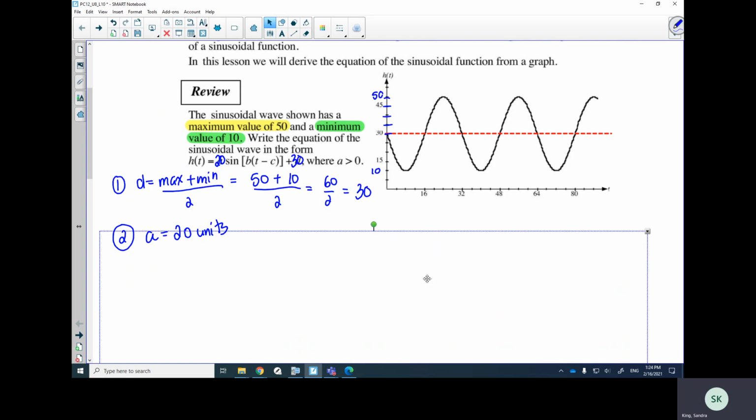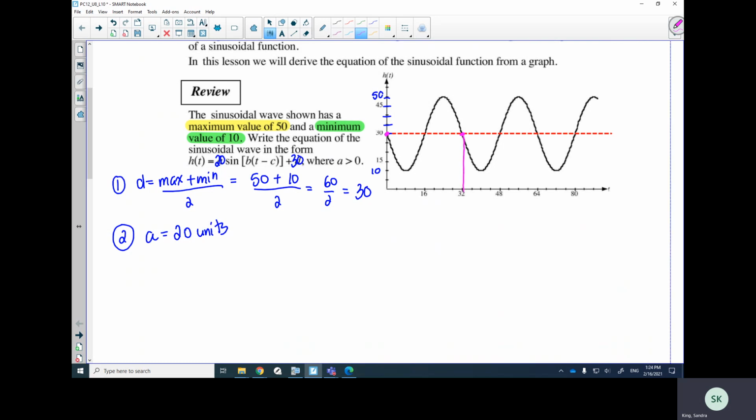Okay, the period. I'm going to show you 2 ways, again, that we could get period for the sine graph. It could be from here to here. That's one way to get period. And that would be 32 seconds. So for number 3, for period, it is 32 seconds.